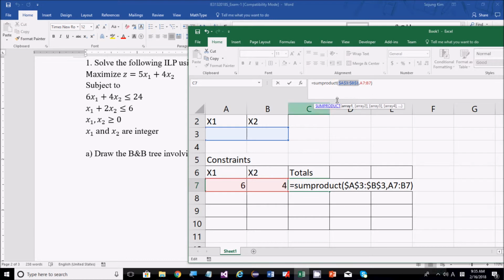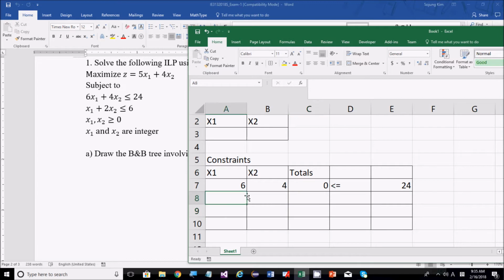By the way, when you reference the decision variables, you have to use absolute reference so that you can use the autofill function later. And the second constraint's coefficients are 1, 2, and the left hand side of this inequality is less than 6.